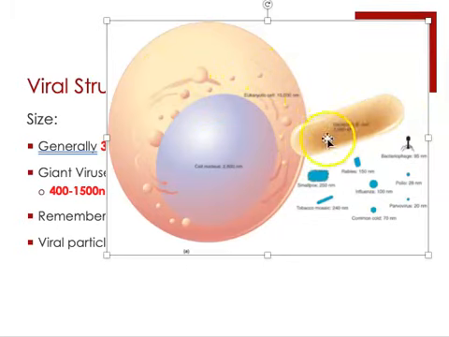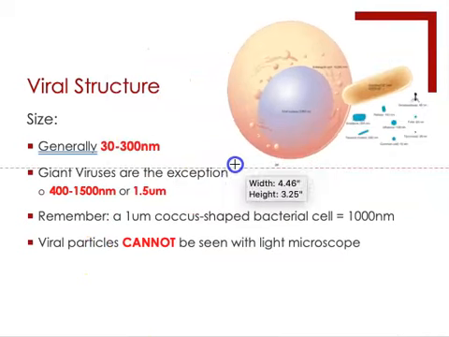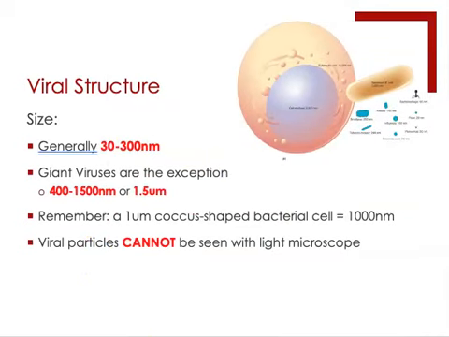Now, compare the bacterial cell to some of these viral particles. This one down here represents an adenovirus. Here's a spherical one that represents an influenza virus. Here's a bacteriophage. These are much smaller. We always have to remember that viruses can't be seen underneath a light microscope, so we are not going to see them in routine microbiology work.